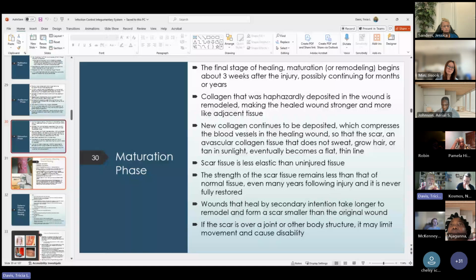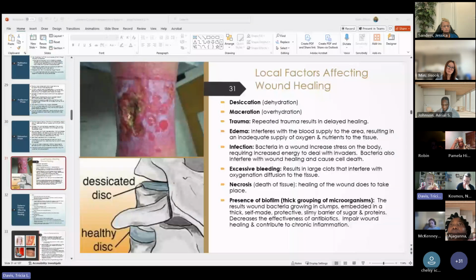All right, so some local factors that we could see that would affect wound healing. So sometimes we can have desiccation. So that is basically just dehydration. So not having a lot of water. So if you look at this picture down here at the bottom, this is a picture of somebody's vertebrae.